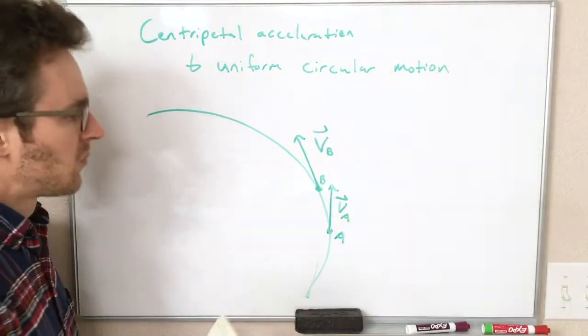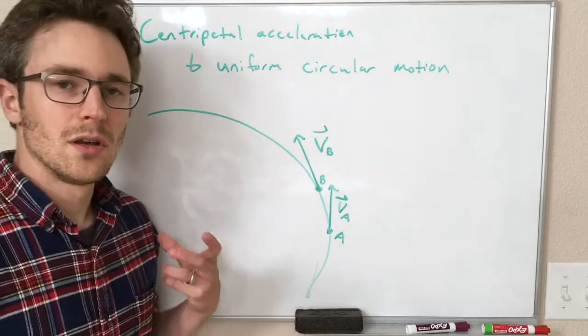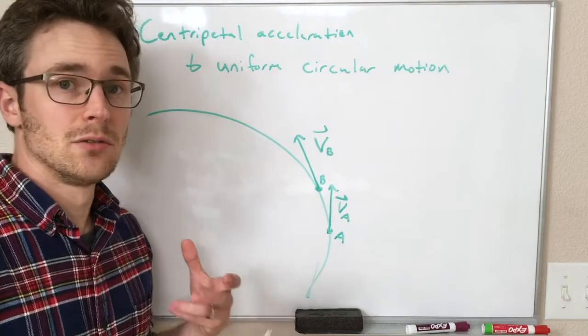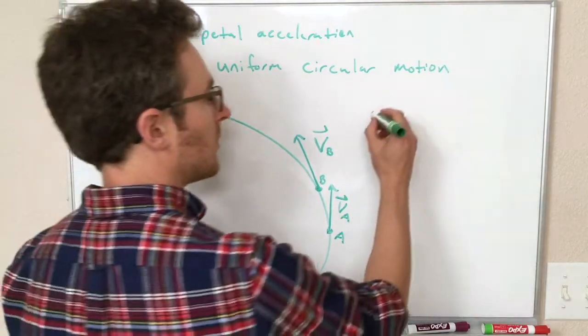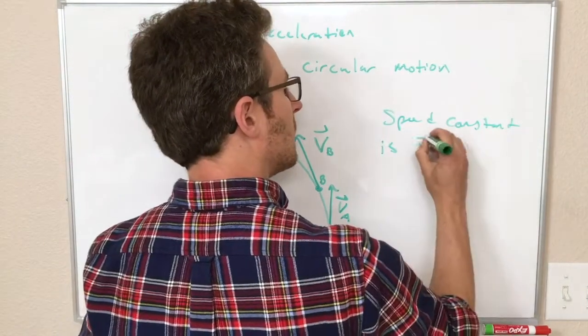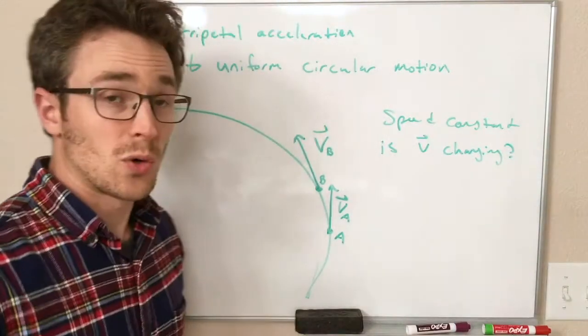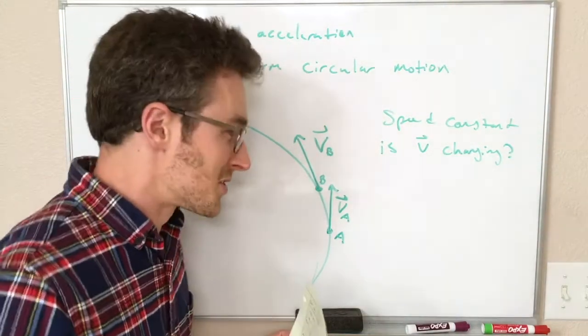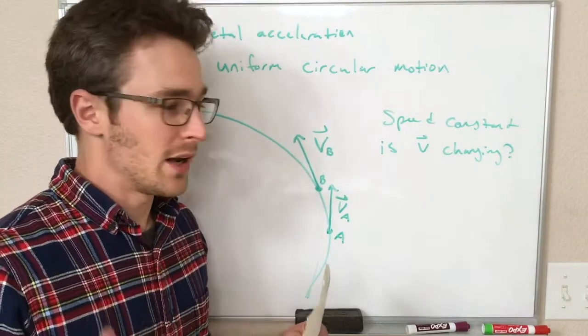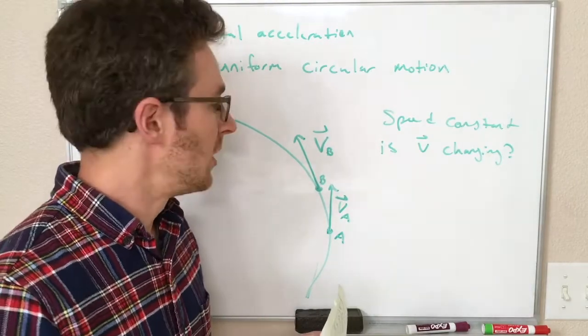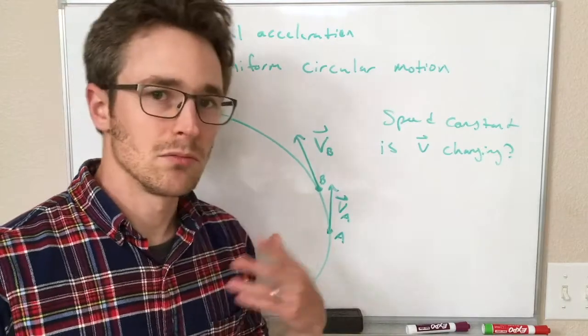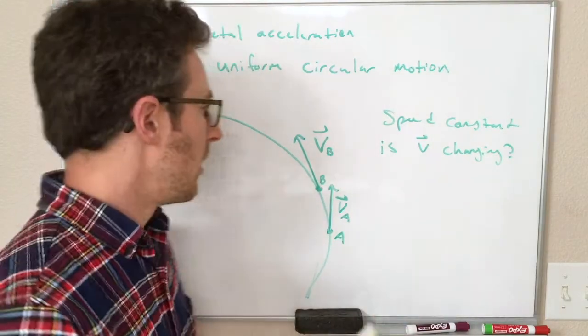My question is, is the velocity changing, even though the speed is staying the same? The short answer is yes, because velocity is a vector. It has a magnitude and a direction, and even if the magnitude stays the same, if the direction changes, that is a change in the vector.